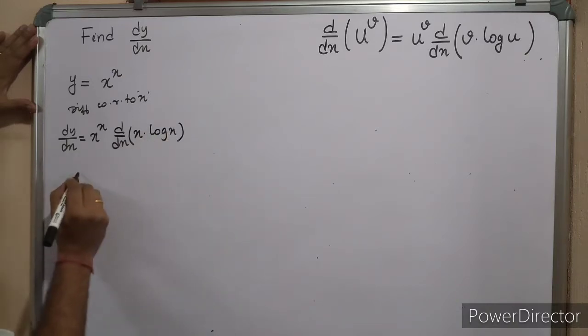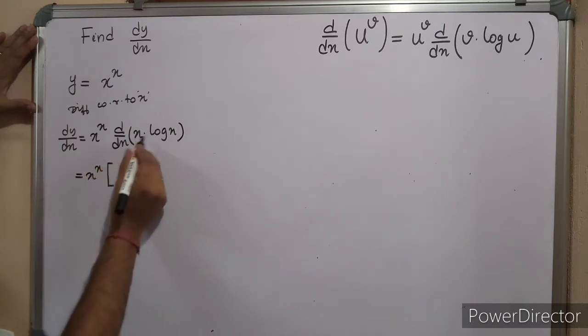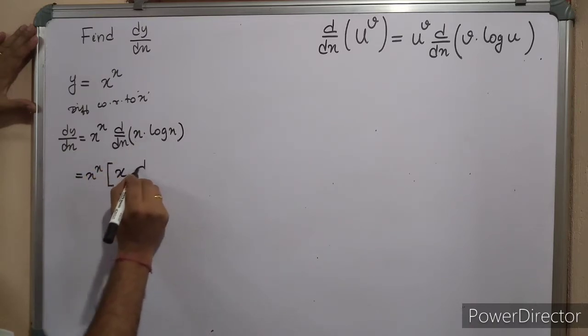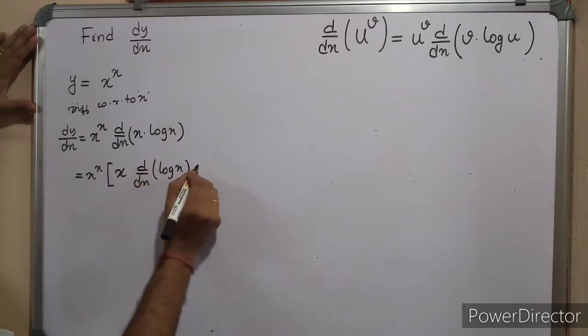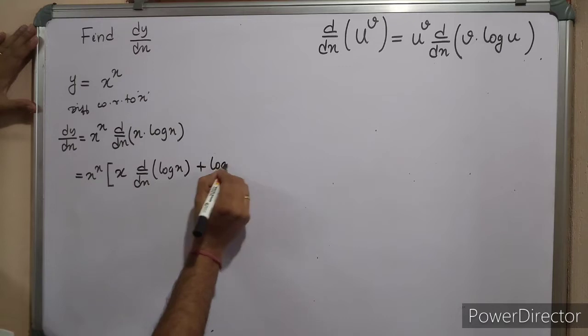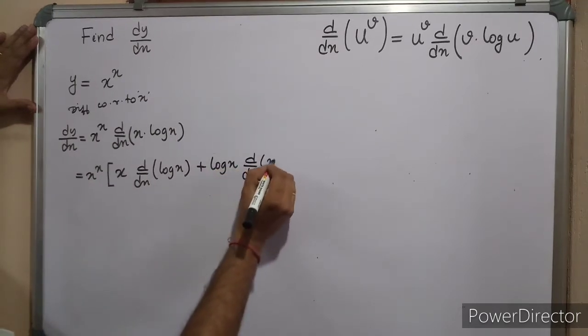Now next, you have to apply u into v formula, product form. u d/dx of log x plus log x dy/dx of x.